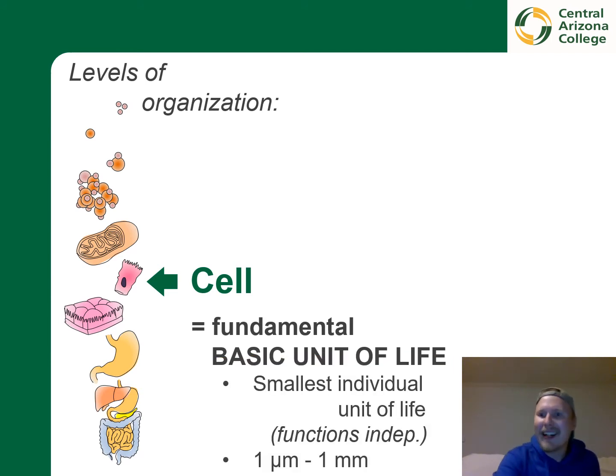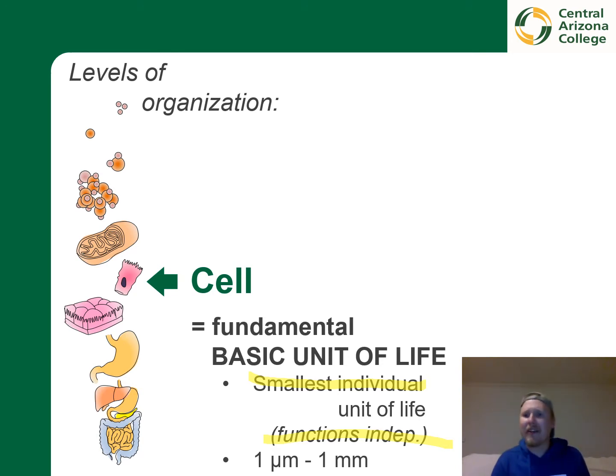Well, they are the smallest individual unit that can function independently. And you will see that cells are small, typically about 1 millimeter at the largest, and smallest about 1 micrometer. Remember, we learned about the metric scale in our previous lab.